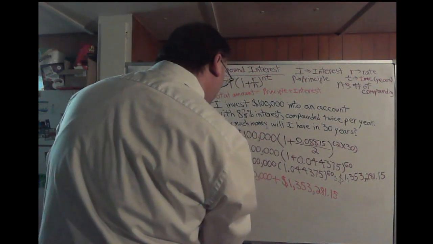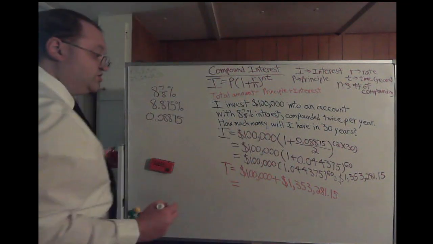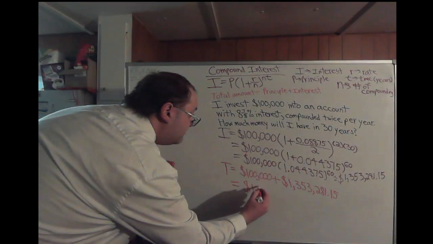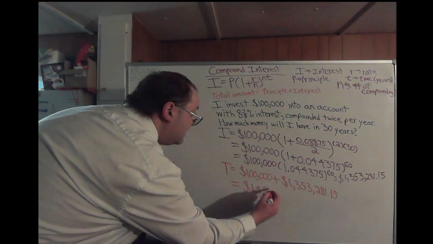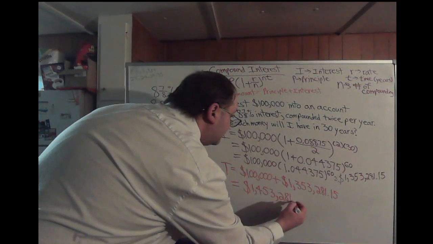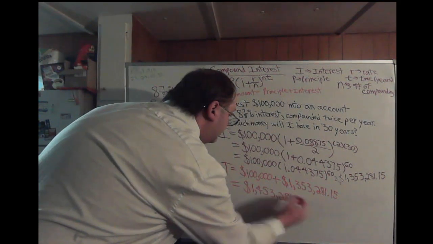For a grand total, putting the finishing touches on, you'll have $1,453,281.15 after 30 years.